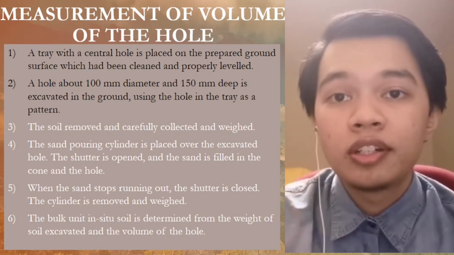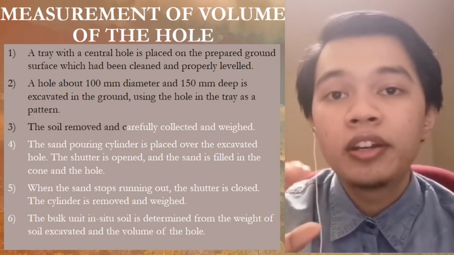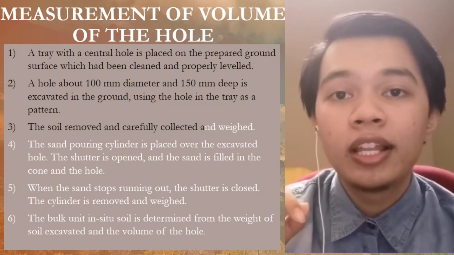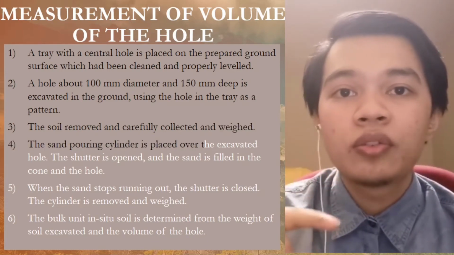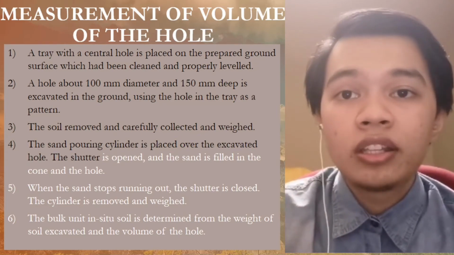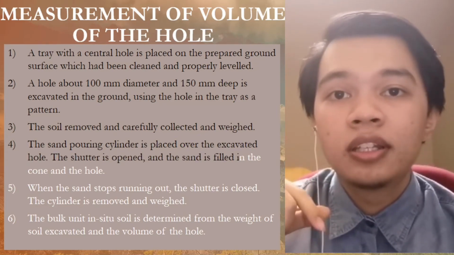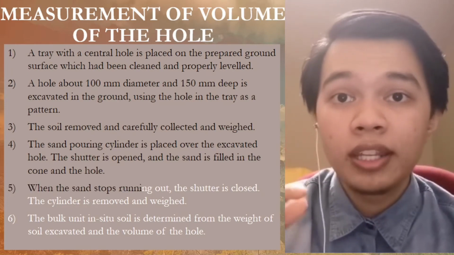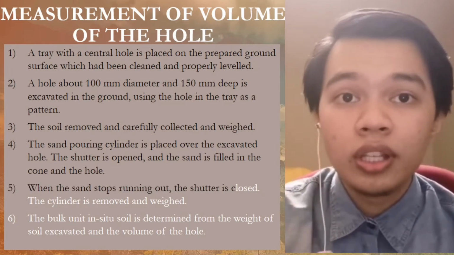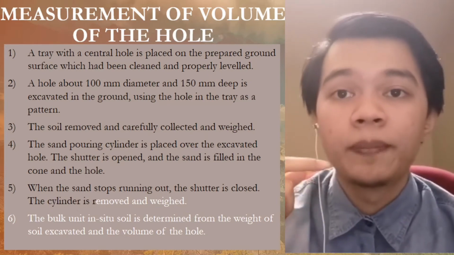And next, the soil is removed and carefully collected and weighed. Next, the sand pouring cylinder is placed over the excavated hole and the shutter is opened, and the sand fills the cone and the hole. Next, when the sand stops running out, the shutter is closed and the cylinder is removed and weighed.